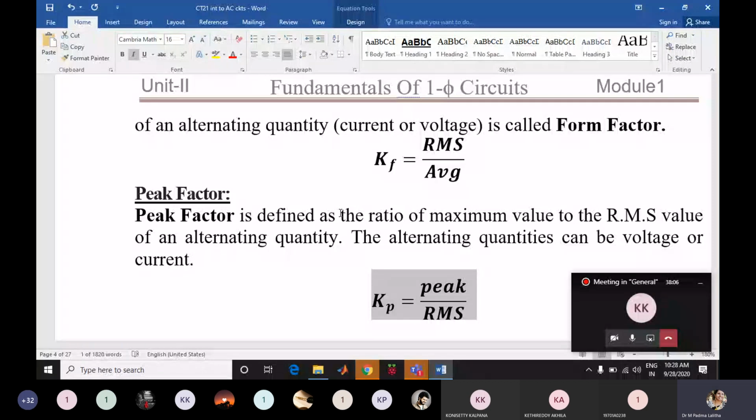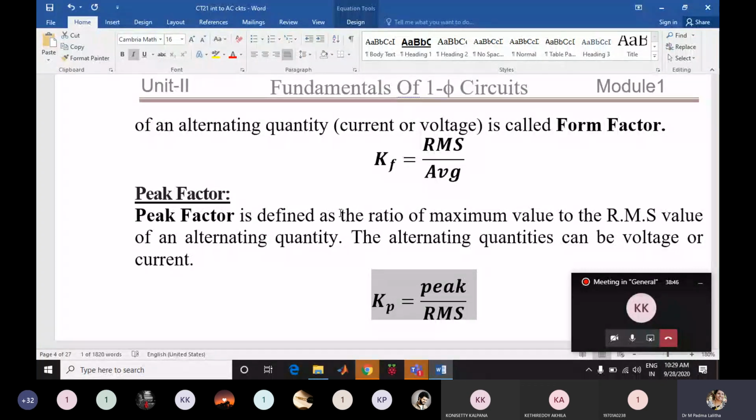After discussing the average value and RMS value of sinusoidal quantities, we will go for the behavior of these elements. An AC circuit means a circuit excited by sinusoidal sources, with all three passive elements, that is, not only resistors but also inductors and capacitors. We will see how the resistor, inductor and capacitor behave for a sinusoidal voltage source or current source.